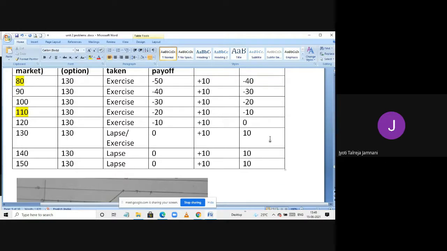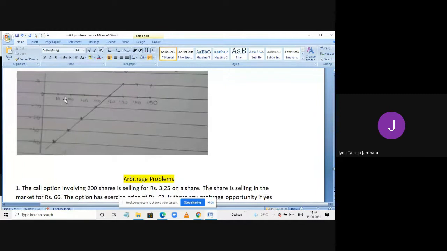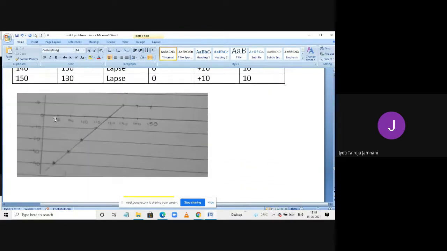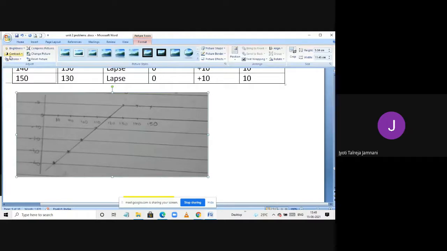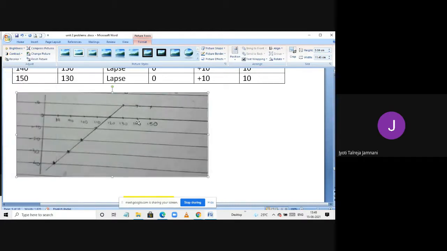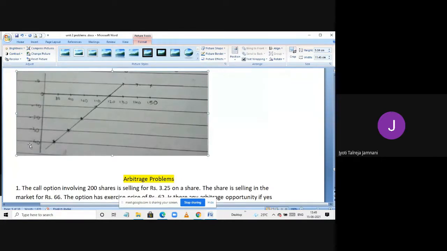So if I put this in the graph, you take a price from 80, 90, 100 up to 150 and the gain, first there is a loss. So at 80 I have come to the loss of minus 40 here on the loss side of the graph.